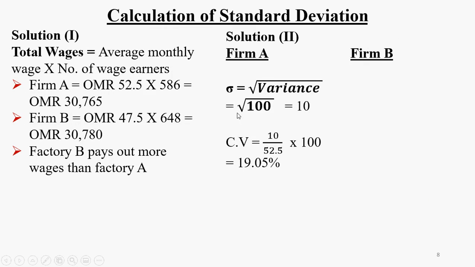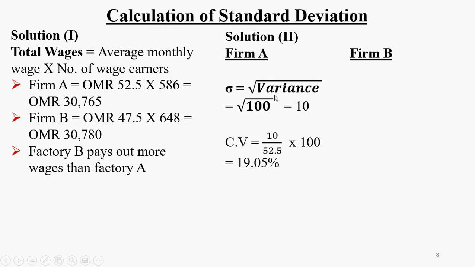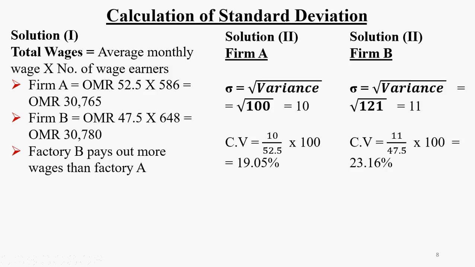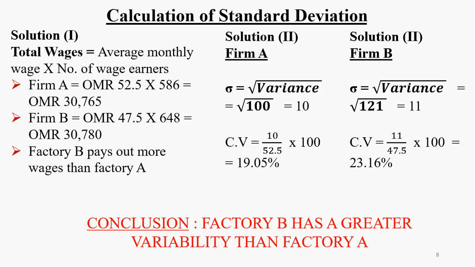Already it is given. What we are doing is simply finding the standard deviation from the variance by using the square root, right? As well as for firm B also we do the same, and finally we identify firm B has greater variability than firm A. So this is the comment finally we need to write with regards to this problem.